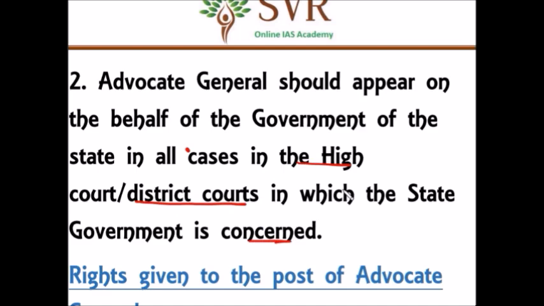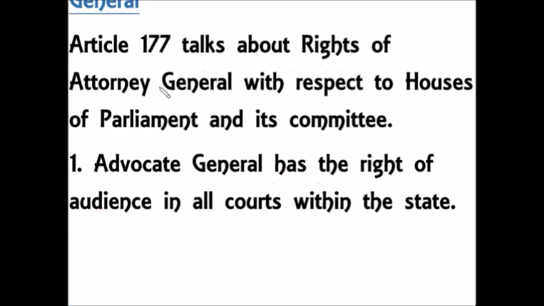Now let's discuss the rights given to the post of Advocate General. Article 177 deals with the rights of the Advocate General with respect to the House of the State Assembly and its committee.